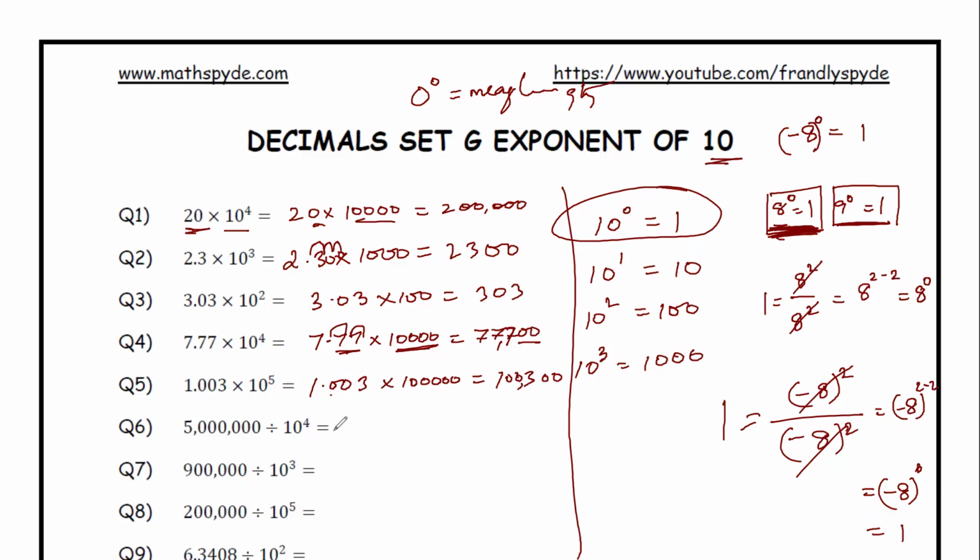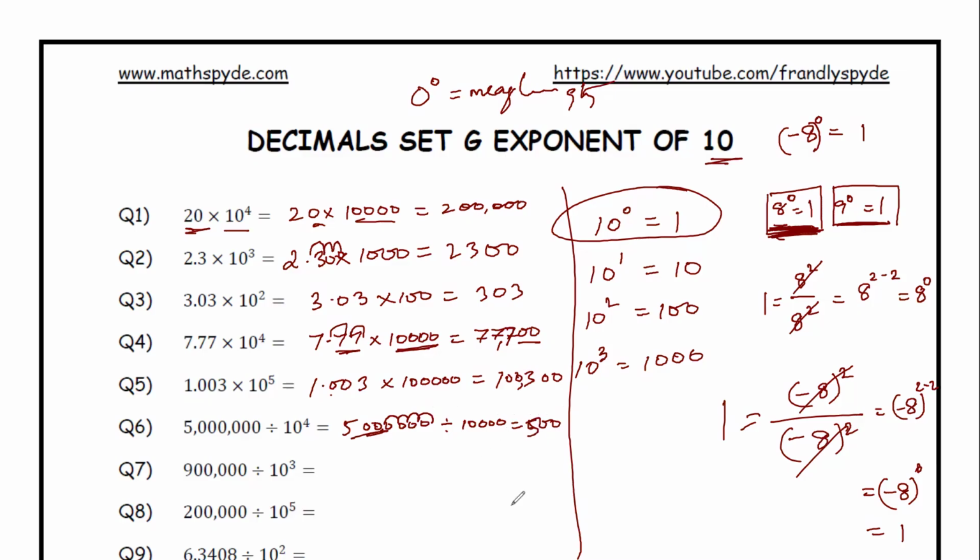That one is 5 million divided by 10,000. Clearly the decimal point jumps back to the left: 2, 3, 4. It stops here. So you got 500 as the answer.